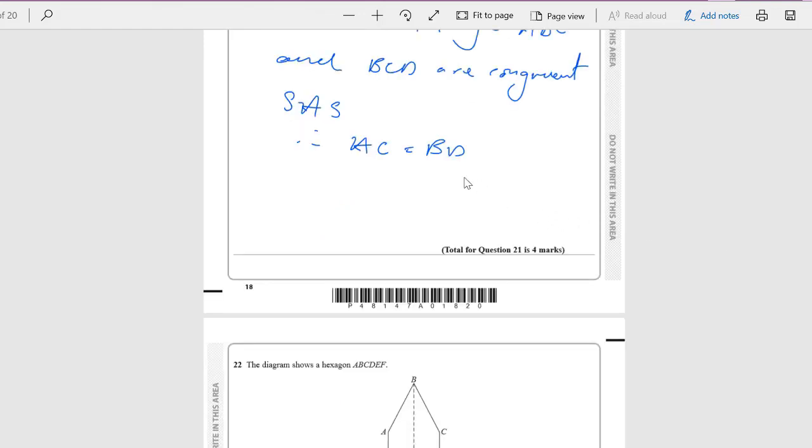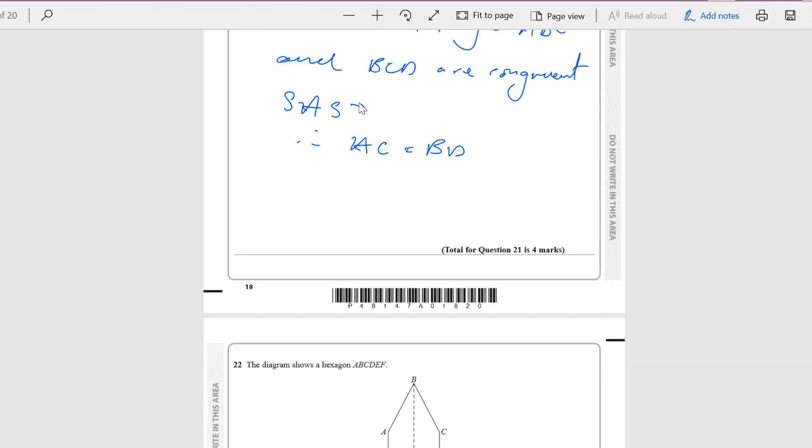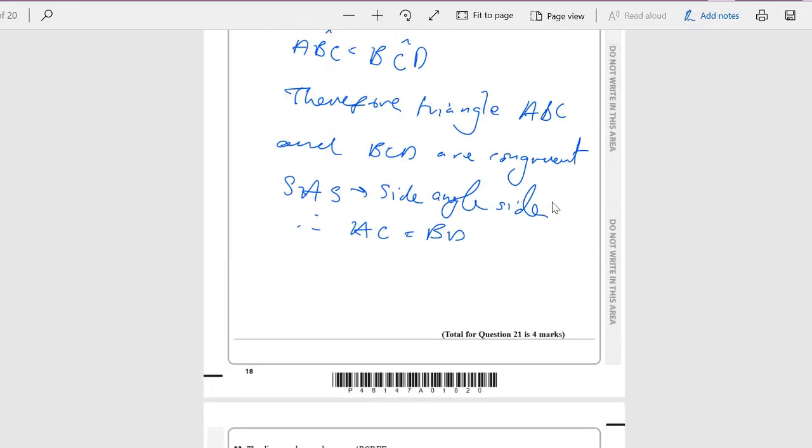And this just means that, if you remember from before, SAS refers to side, angle, side. Okay, and where we have a side, angle, side, it means that you have two triangles where we know two sides and an equal angle.